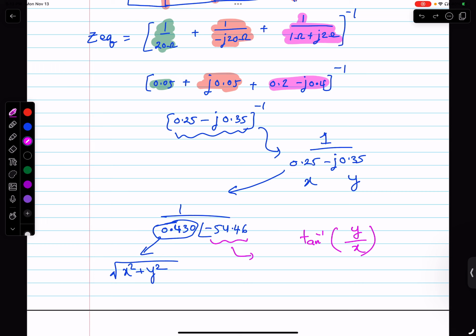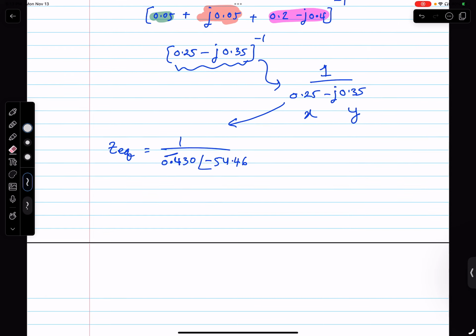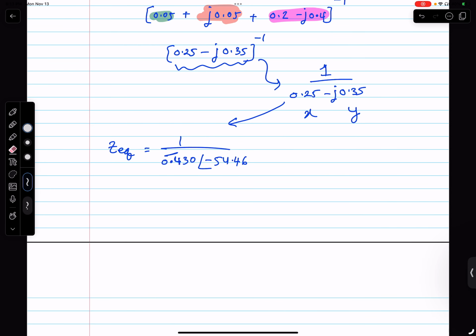You will see that the Z equivalent in its polar form is 1 over 0.430 angle negative 54.46.